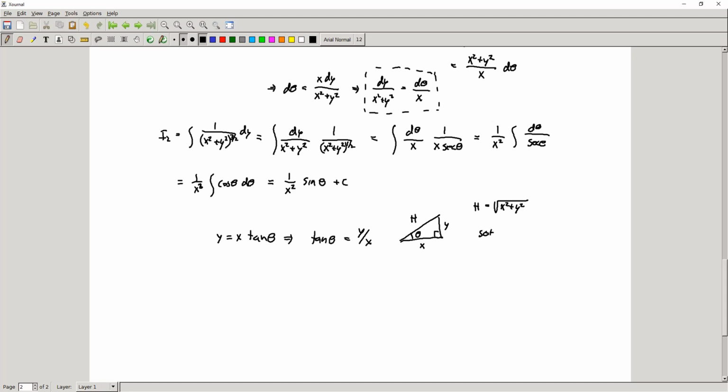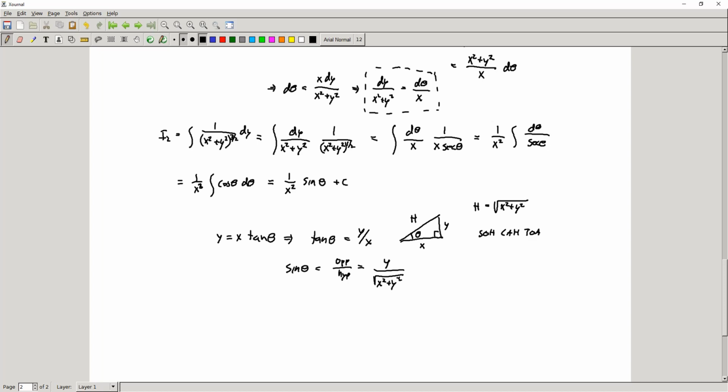And this tells us that sine theta is equal to the opposite over our hypotenuse, which is y over the square root of x squared plus y squared, okay?